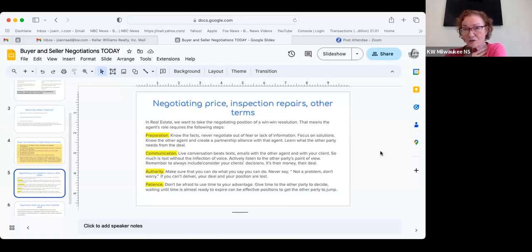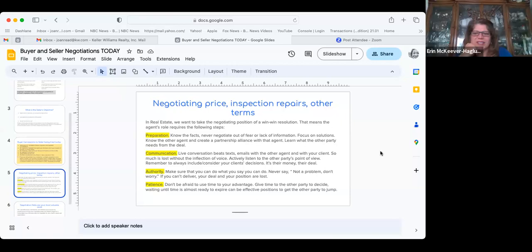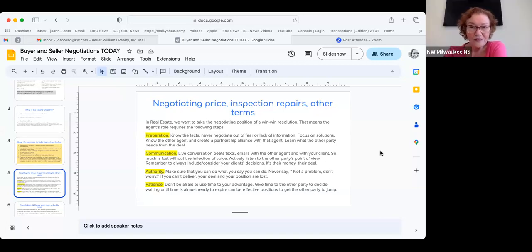The biggest thing that you're missing with texting, and I hope you're not negotiating with texting, is inflection. The inflection of your voice, your body language, if you're doing a Zoom or if you're meeting face to face. All of these things are subtle, important hints to pick up in negotiating.